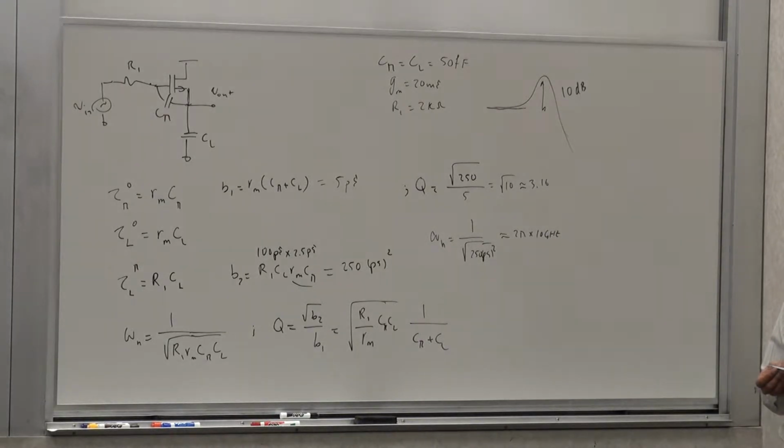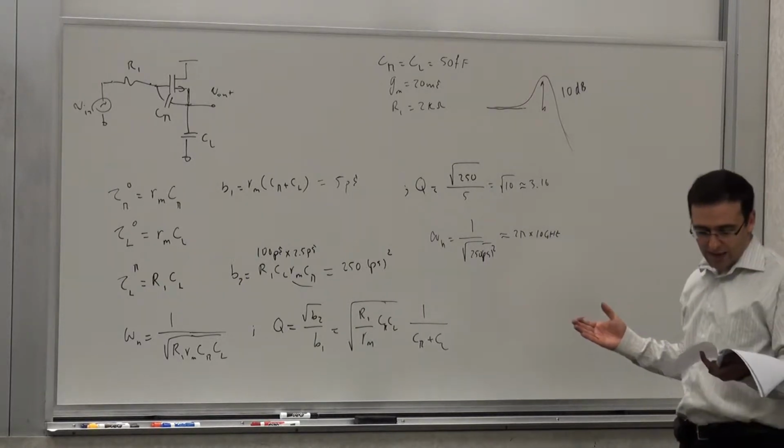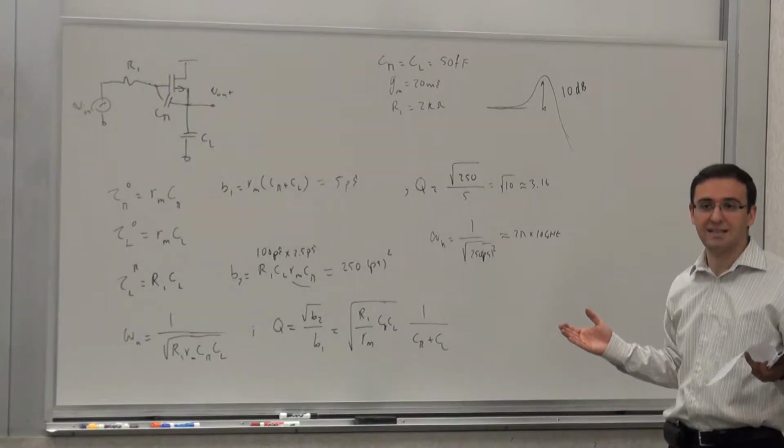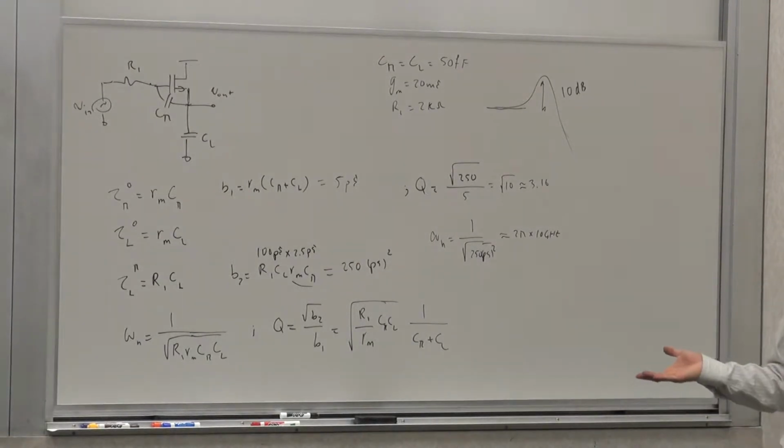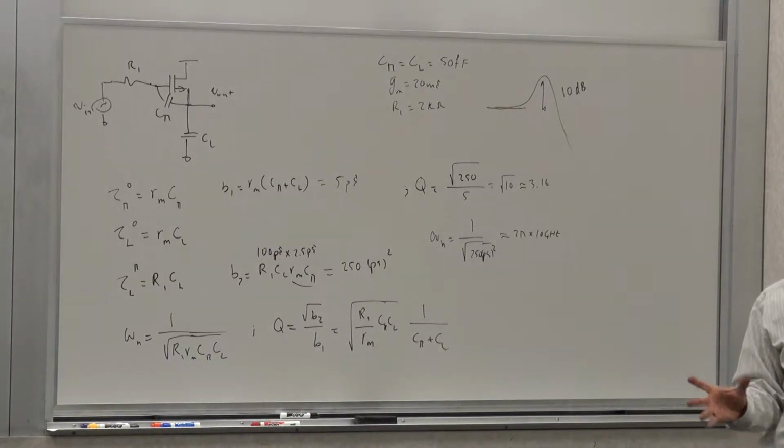SPICE shows the peaking of 10.2 dB as opposed to 10 dB. So we are close, 0.2 dB off. We predicted the peaking relatively accurately. And the frequency of peaking is at 9.8 as opposed to 10 gigahertz. It's close. It gives you a sense of how much peaking you have.